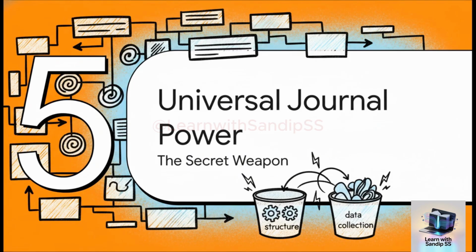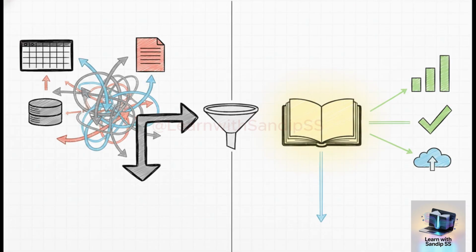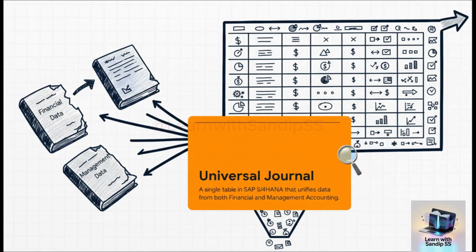So we have the organizational structure and we have the collection buckets. But what's the really revolutionary piece of technology in SAP S4HANA that makes all of this work together instantly and seamlessly? The answer is a beautifully simple, yet incredibly powerful idea: creating a single source of truth for every number in the entire company. It's called the Universal Journal.